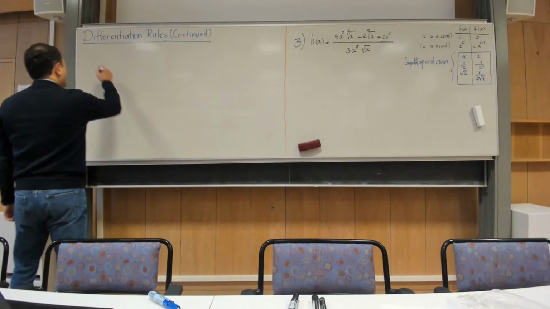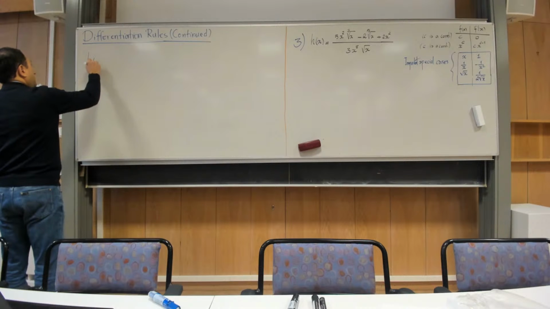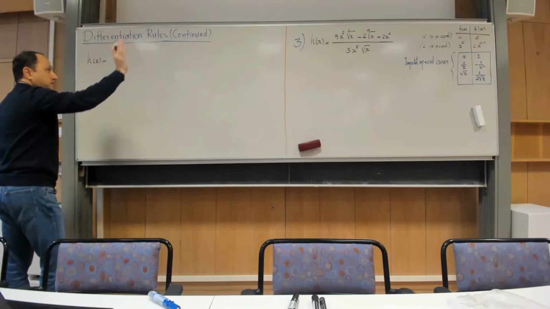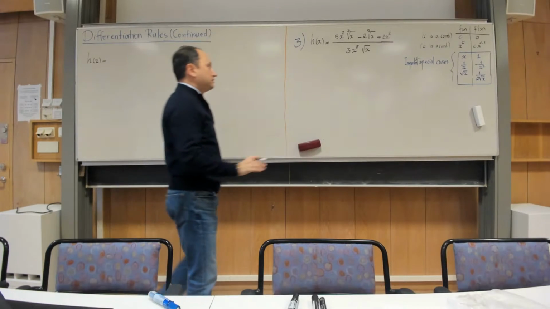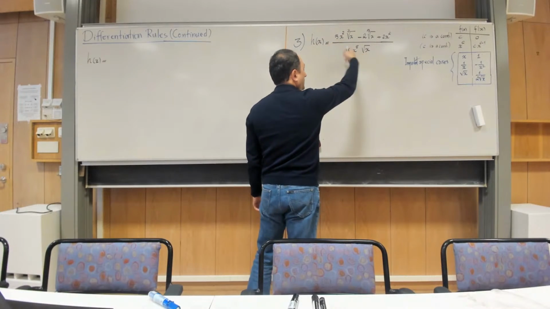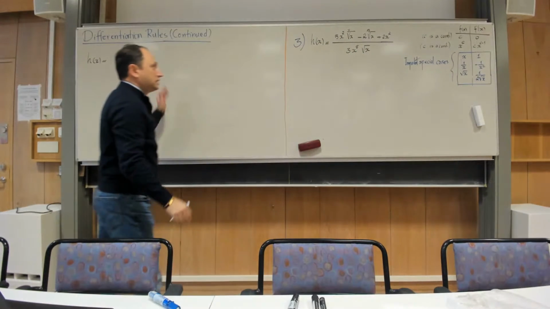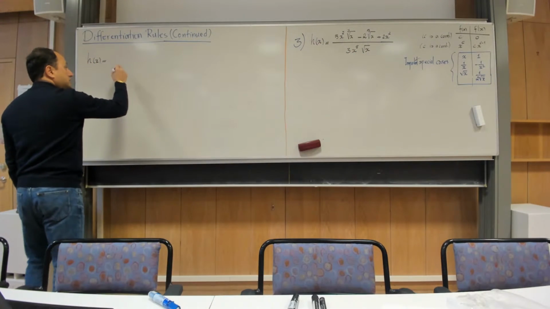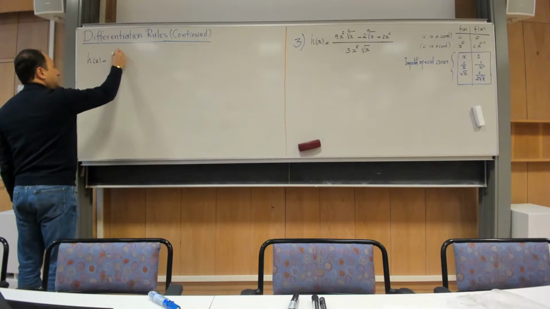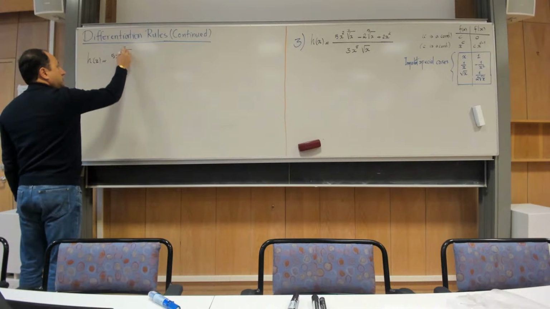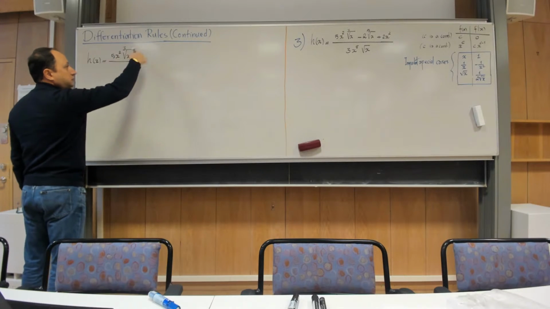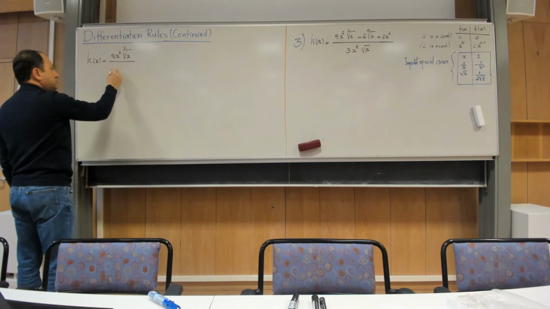So the first thing is that I simplify this. And when you want to simplify this, simplify it as you are comfortable with. So if you can do something in your head, do it, okay? But let me just write everything here. So first I decompose it. So this becomes 5x squared over 3x to the 5 square root of x. Maybe it is easier for you to first combine and then decompose. That's up to you.